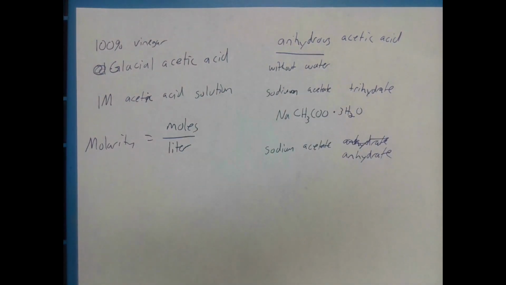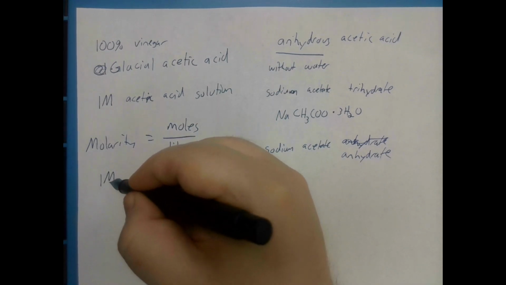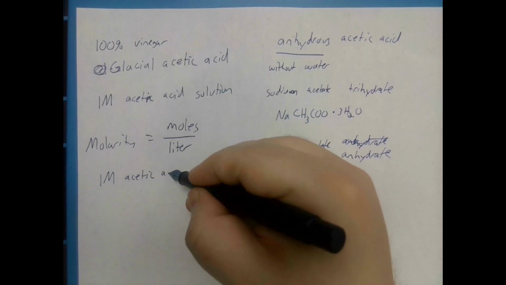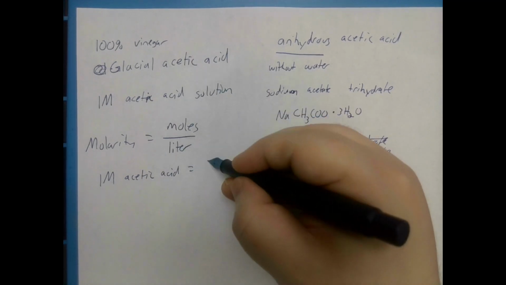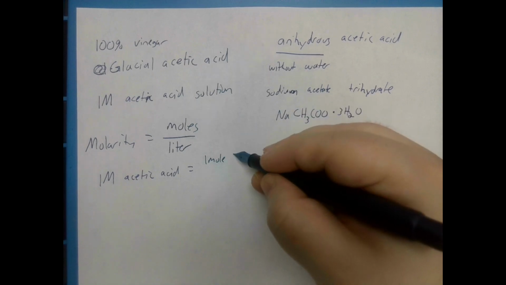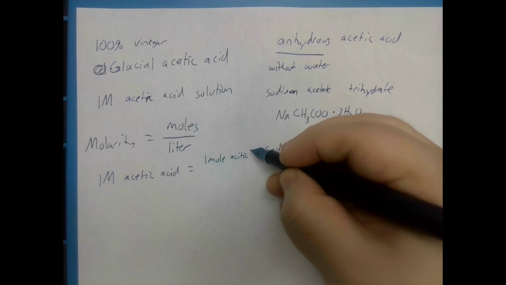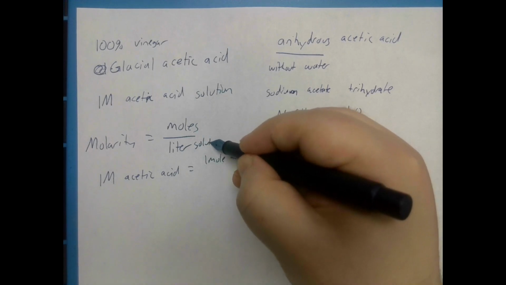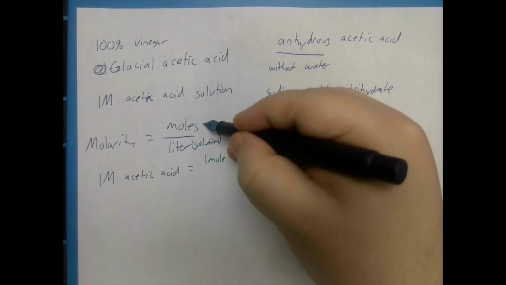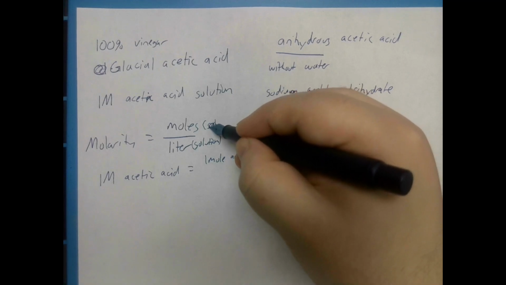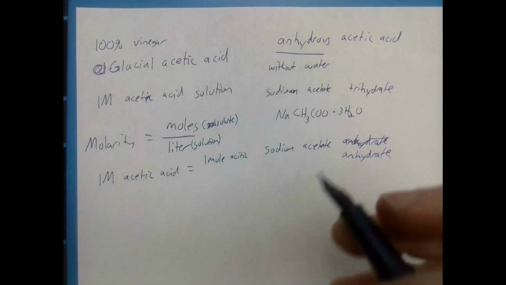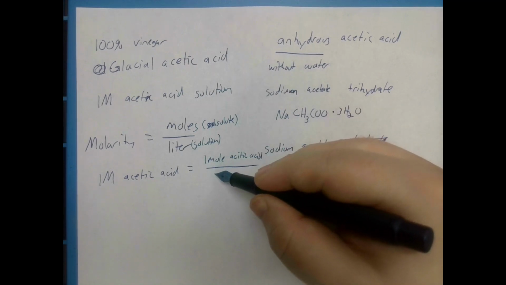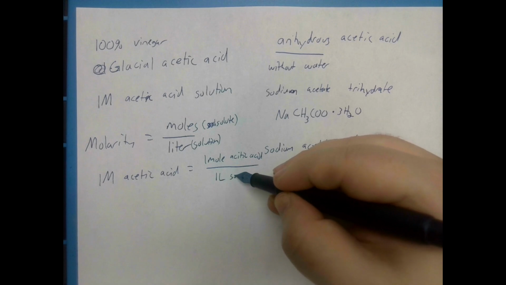So to have 1 molar acetic acid means we have 1 mole of acetic acid in 1 liter of solution. That's moles of solute per 1 liter of solution.